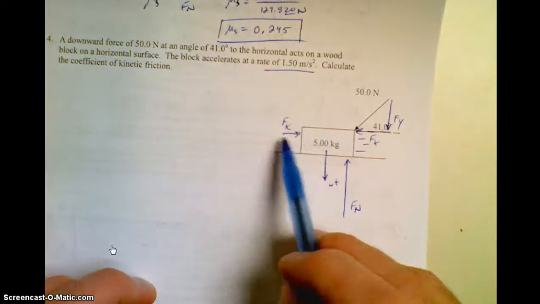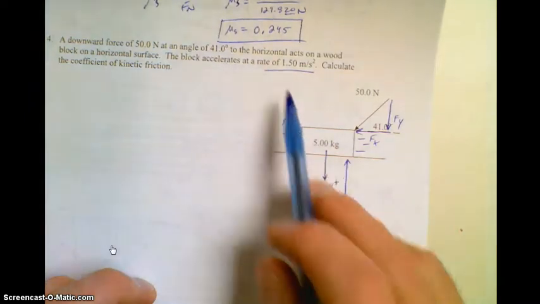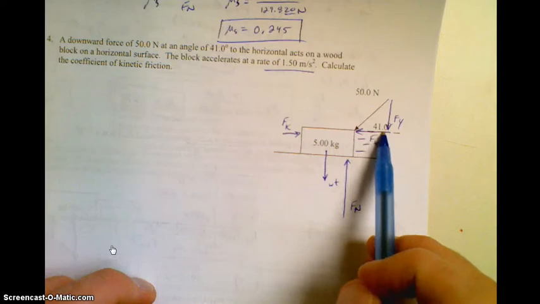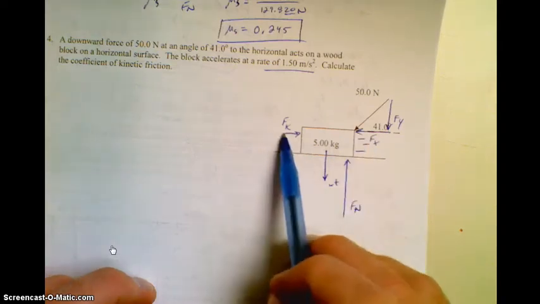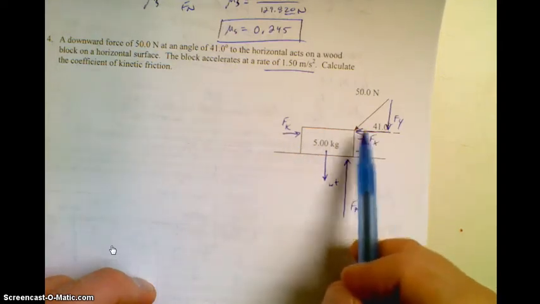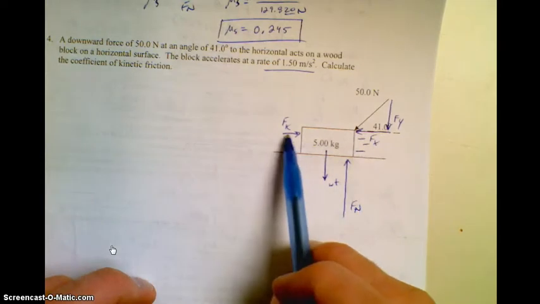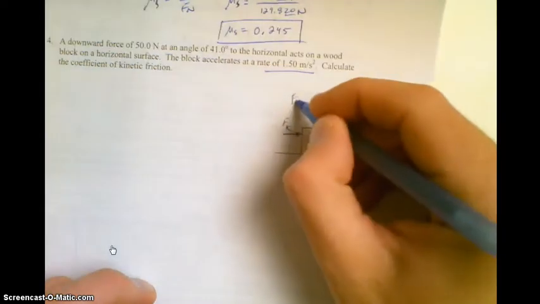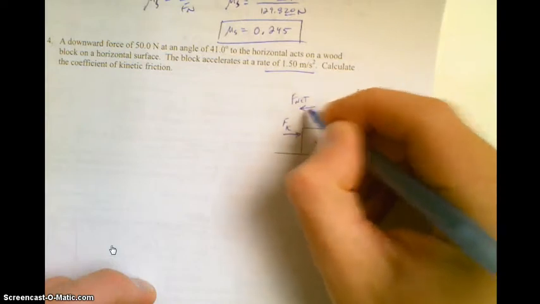So friction has to be opposing it, and since it is accelerating, friction is going to be less than the force that I'm pushing with. So I draw the arrow of friction smaller than this component force here. So everybody see how it's smaller? That means that I'm going to have a net force in that direction.